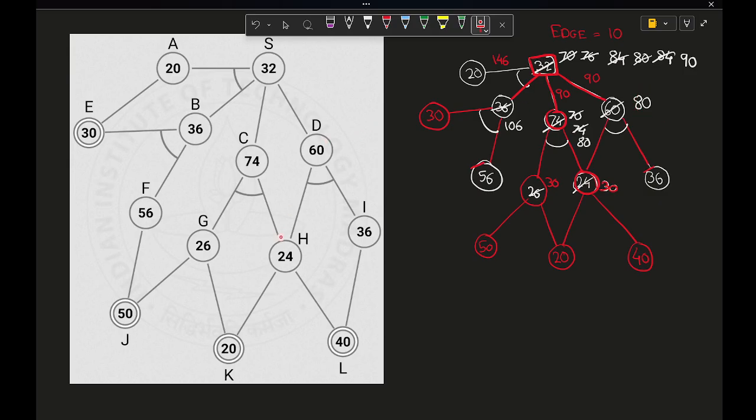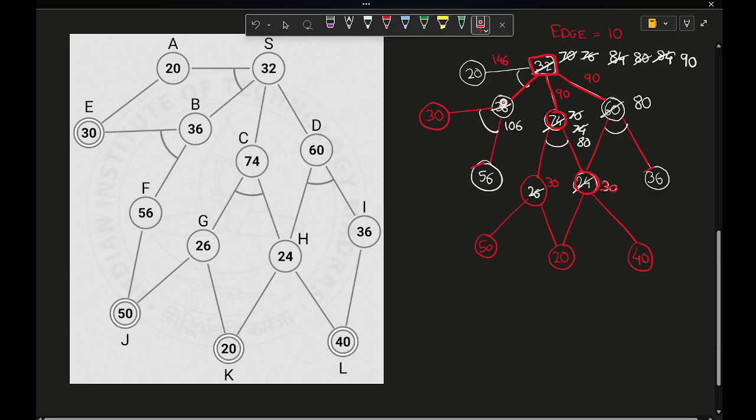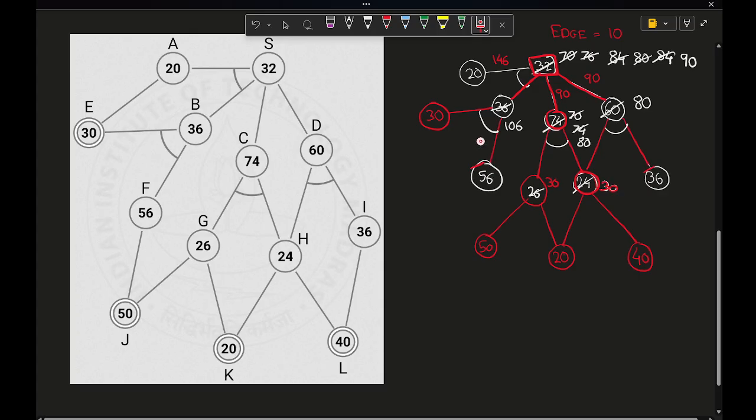No, it changes to 80, because 36 plus 24 is 60 plus 10 plus 10, 80. And the revised cost became 76, this one. Yeah, 80 and 76, 76 came from the left hand side, this part.